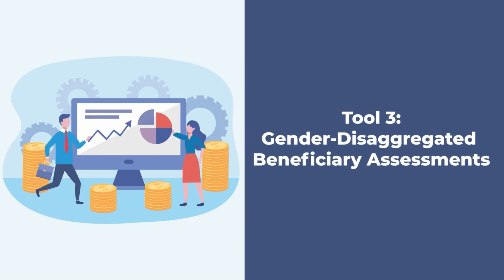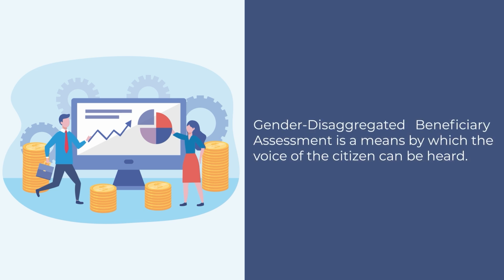The third significant tool with regard to gender budgeting implementation is gender disaggregated beneficiary assessment. A gender disaggregated beneficiary assessment is a means by which the voice of the citizen can be heard.